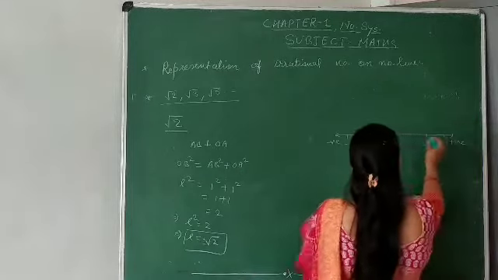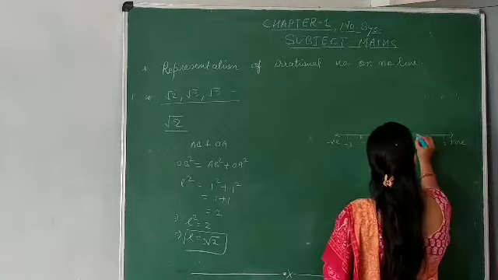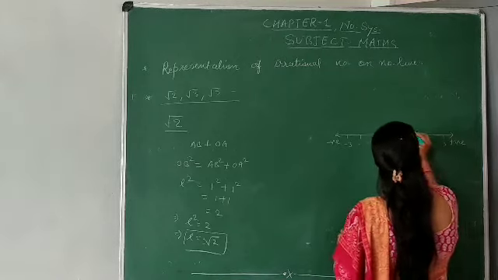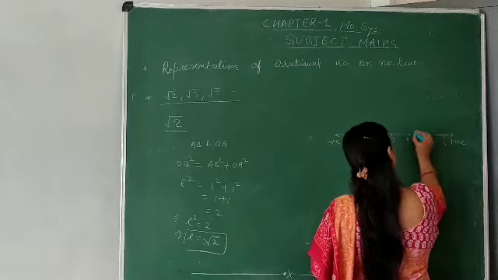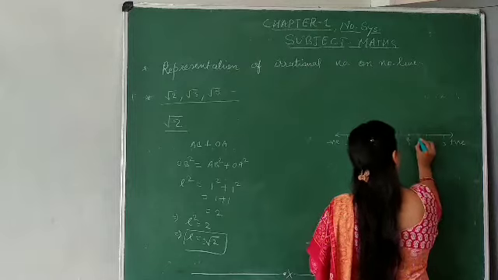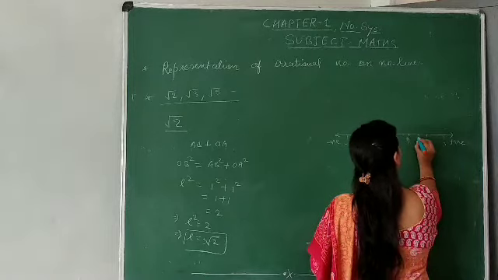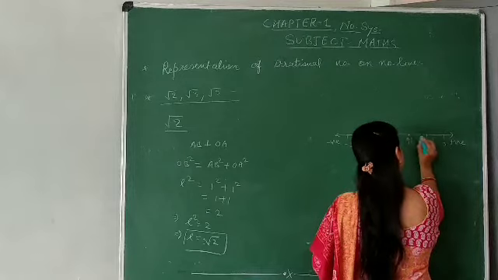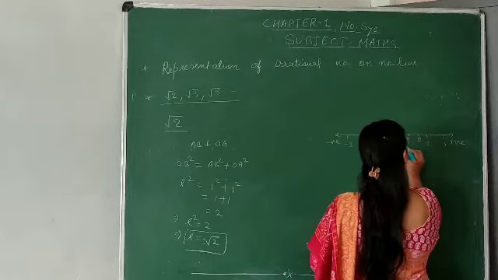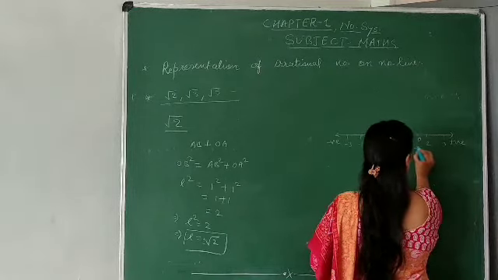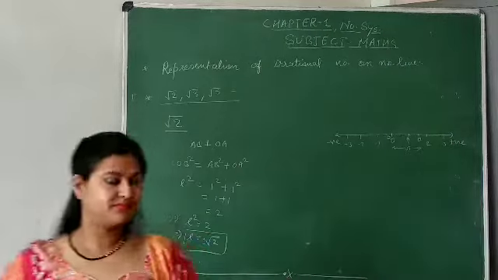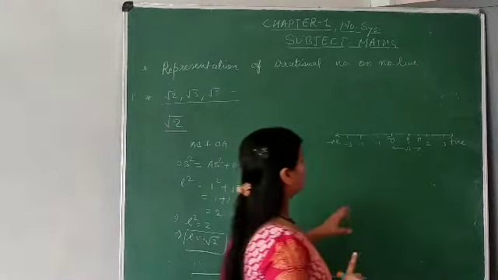So this point is O and this is A. This is point D. Distance of OD is root 2. We represented it in the previous diagram.